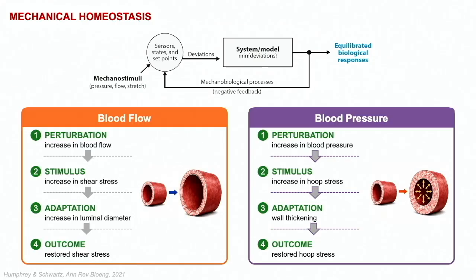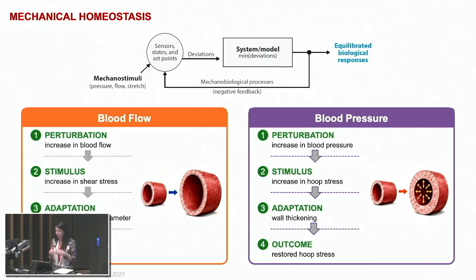Central arteries provide a really straightforward example of this control system. If blood flow increases, then the shear stress increases, and that increase in shear stress is sensed by endothelial cells, which produce nitric oxide. The vessel dilates, which brings the shear stress back towards its normal range. Pressure produces quite a different response. If blood pressure remains elevated, then wall stress increases.